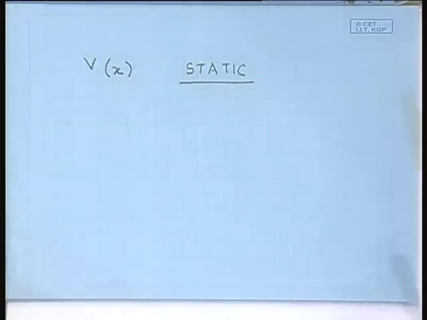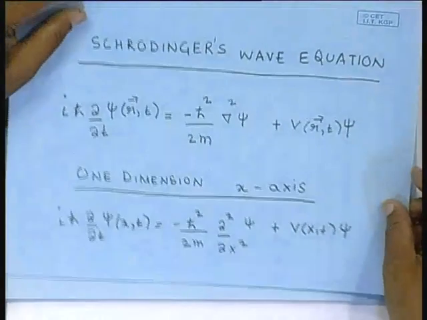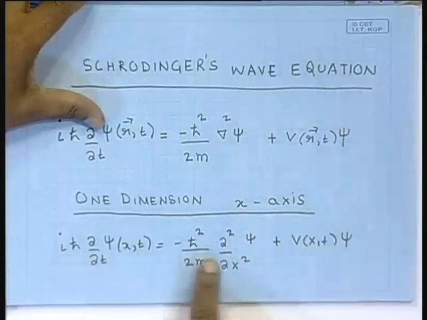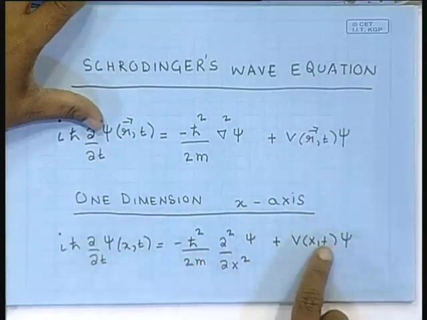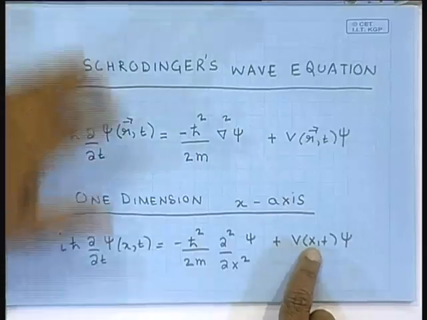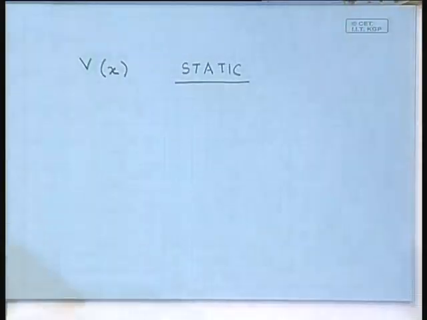So, under such conditions we will now proceed to look for solutions to this equation where V is now just a function of x, not of time. So, we are going to use the method of separation of variables, which is familiar.